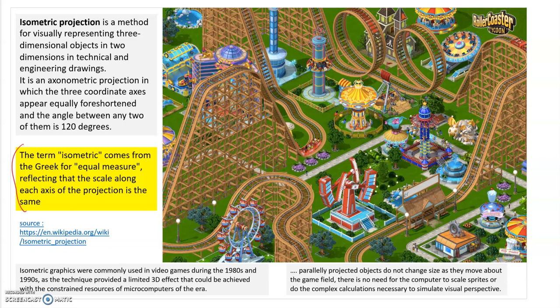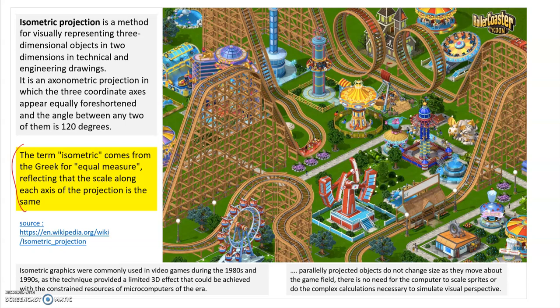That was very popular in the 80s and the 90s for video games because it was quite simple to compute, and you could use the restrained computing resources of that time to give a nice 3D rendering idea. It just means that you had that specific kind of projection where the three axes had the same rotation and you would keep the same distance along all these three axes.